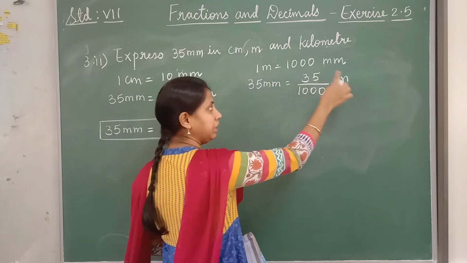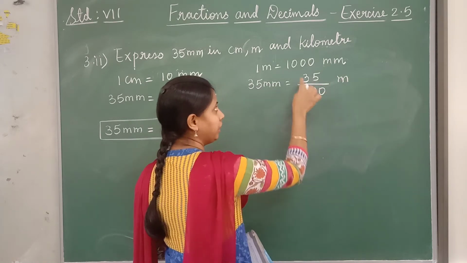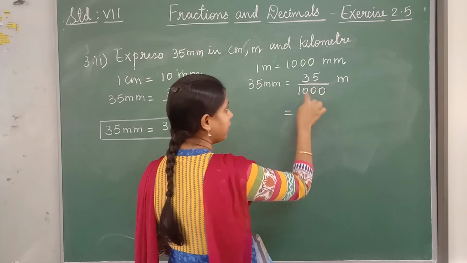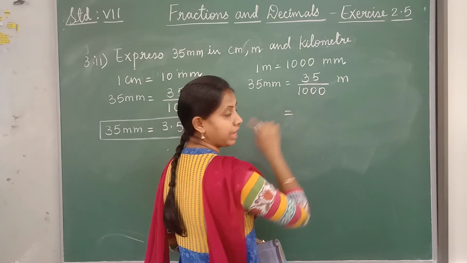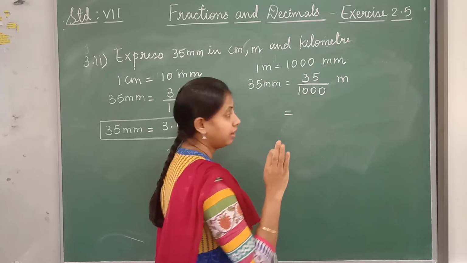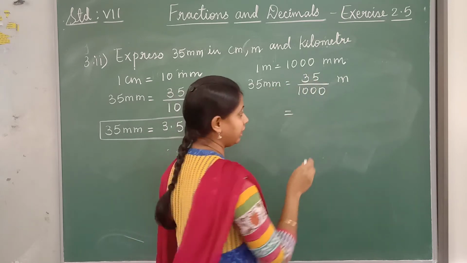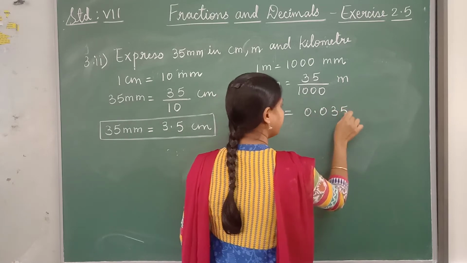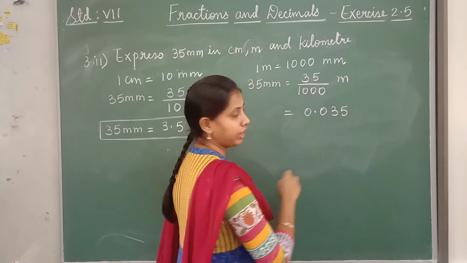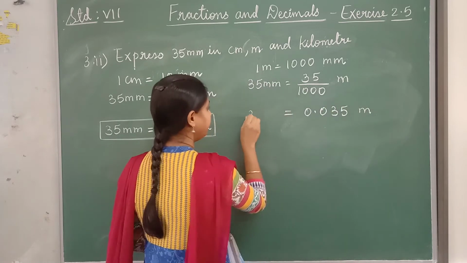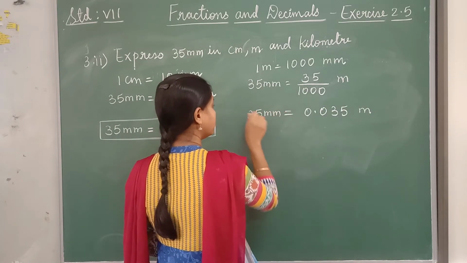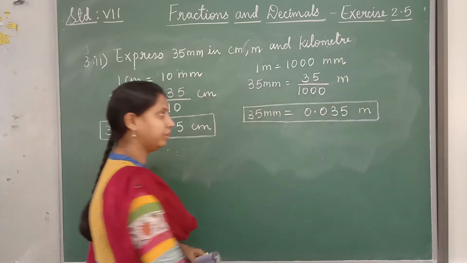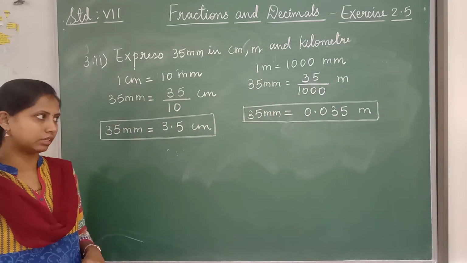We are converting millimeter to meter, for that you have to divide by its conversion factor, that is 1000. So 35 upon 1000, 3 zeros we have, so after the decimal point 3 digits you must have, including this 35. So 0.035, 1, 2, 3. So 35 millimeter is equal to 0.035 meter. Yes, children.